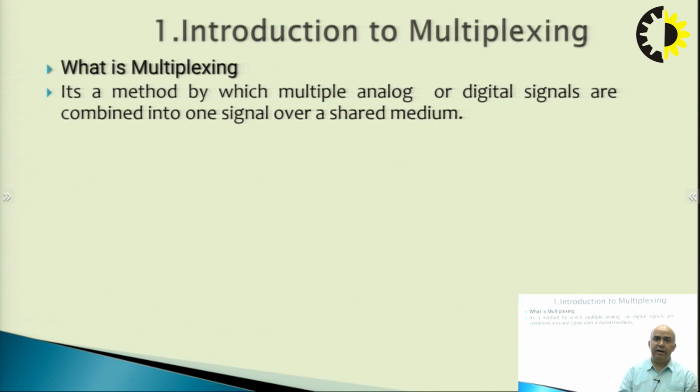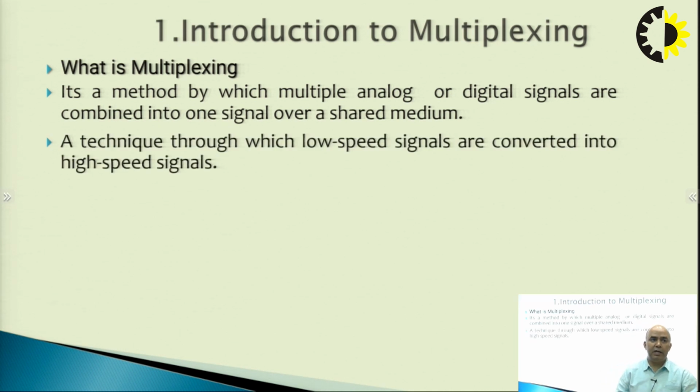Either each time we create a link between the source and destination, or we can have a shared medium in which multiple users connect to that link and send information from sender to receiver. So, this multiplexing technique converts low speed signals into high speed signals.